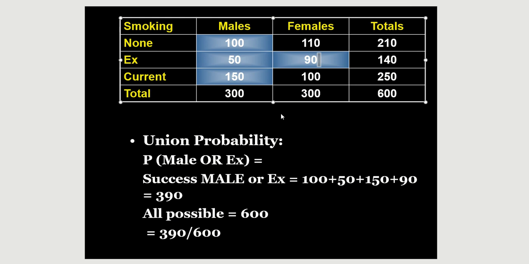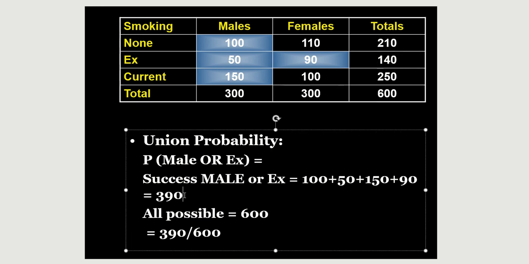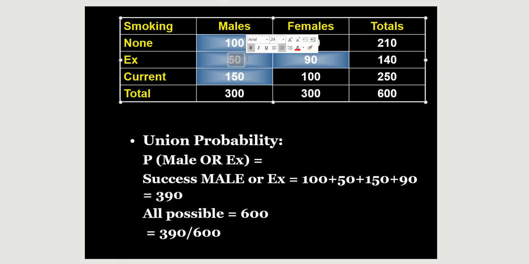Now, sometimes we are tempted to look at the total of males, 300, and the total of ex-smoker, 140, and saying 300 plus 140 and divide by 600. That is wrong. 300 plus 140 will give you 440, whereas we just realized it should have been 390. The mistake is that this 50 was counted once with the males and once with the ex-smoker.